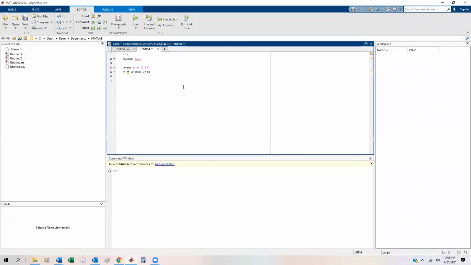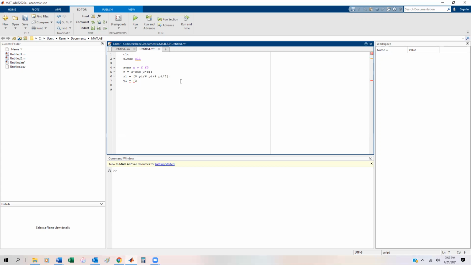So we have x1, which is going to be equal to 0, pi over 6, pi over 4, and pi over 3. And the outputs for that, which is going to be y1, is going to be 3.